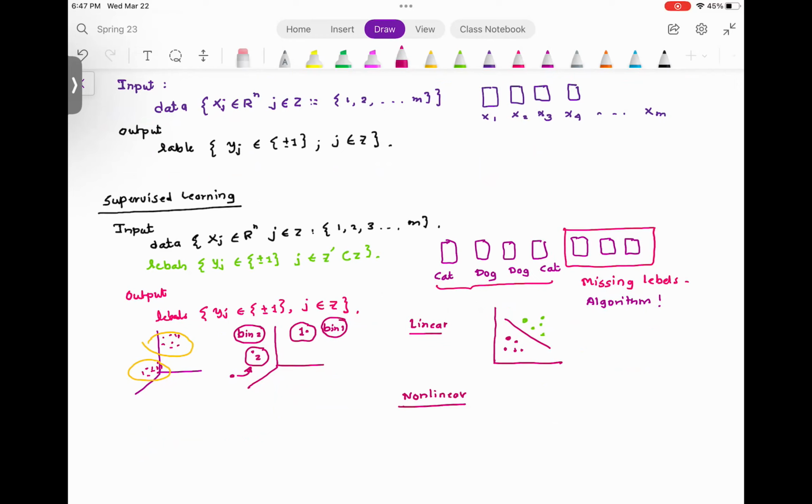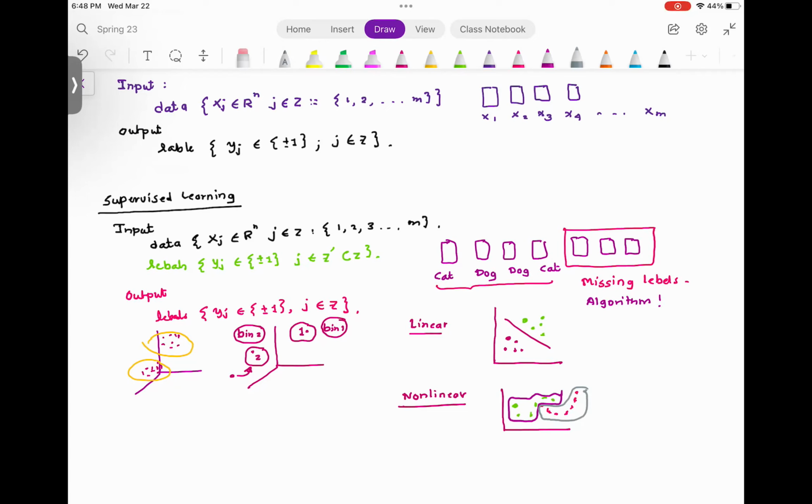In a nonlinear data set, the data is kind of intertwined. You can have a data set going something like this, and another data set going something like this. Now your algorithm needs to be smart enough to classify and characterize these two nonlinear data sets or nonlinear boundaries.